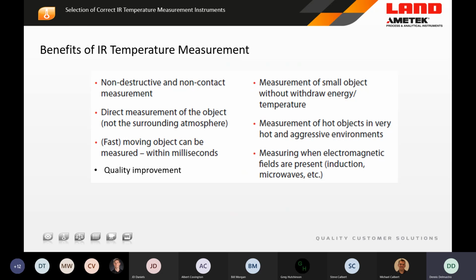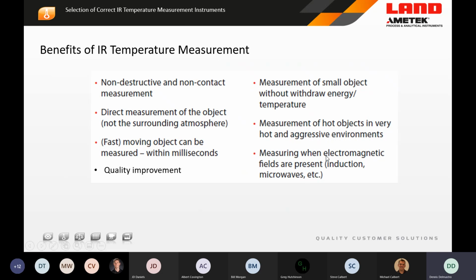If I have a very small object and I have to touch it with a thermocouple to get the temperature reading, obviously through conduction, you'll lose some of your heat and therefore you'll distort the temperature reading of very small objects. No problem with IR technology. We can also measure hot objects in very hot and aggressive environments. There are certain techniques to do that, and we can do that.